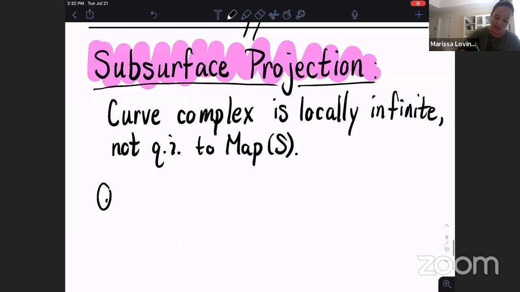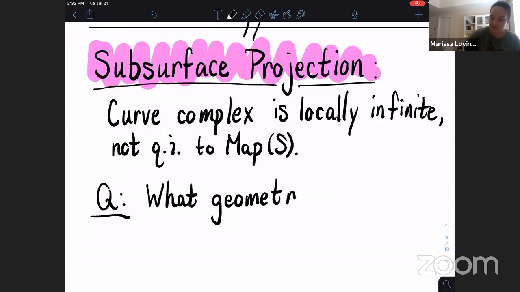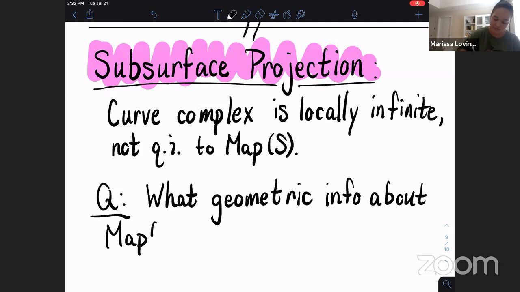So the question that we can pose for the next bit of this chat is, what geometric information about the mapping class group can we derive from the curve complex?